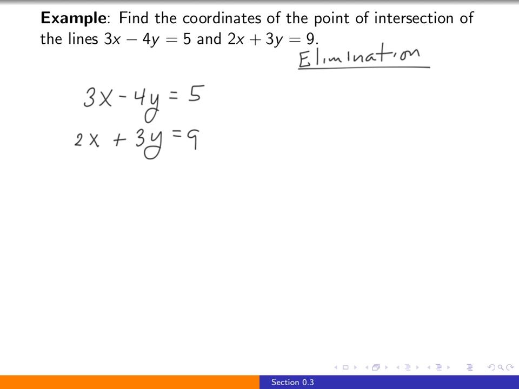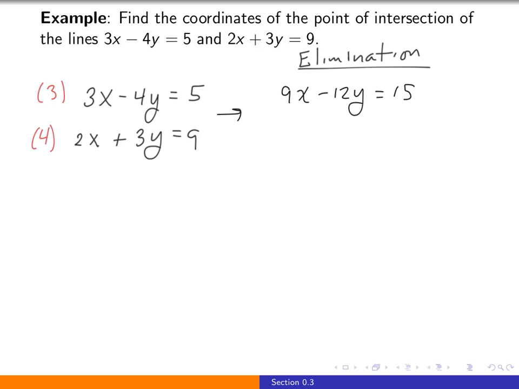For the top equation, I'm going to multiply by 3. In the bottom equation, I'm going to multiply by 4. And when I do so, my first equation becomes 9x minus 12y equals 15. Notice each and every part here was multiplied by 3.